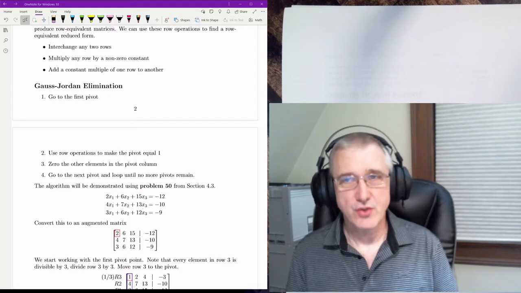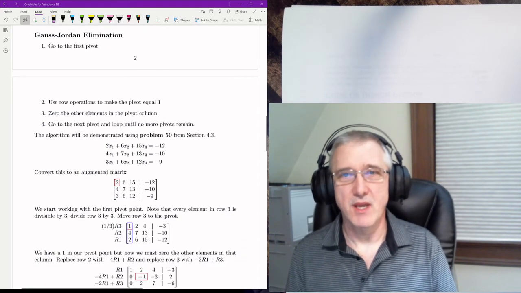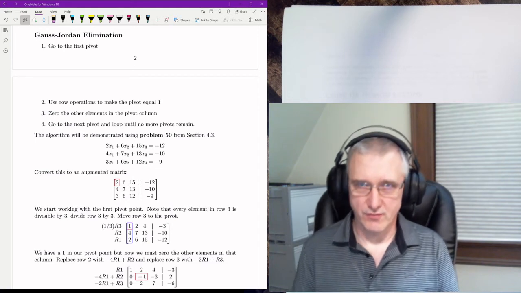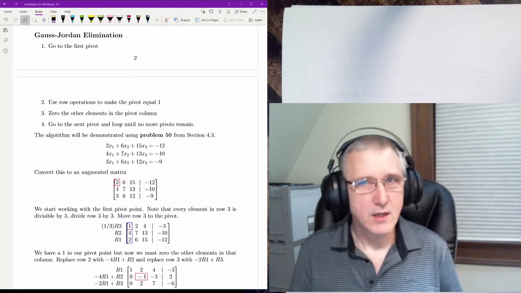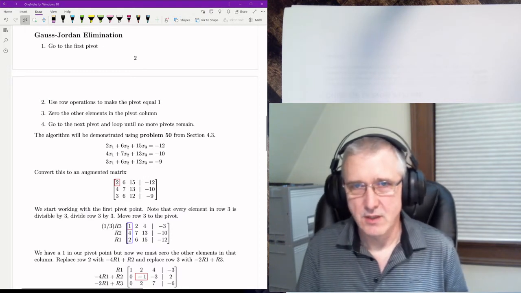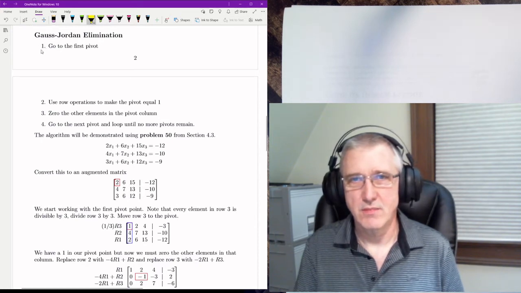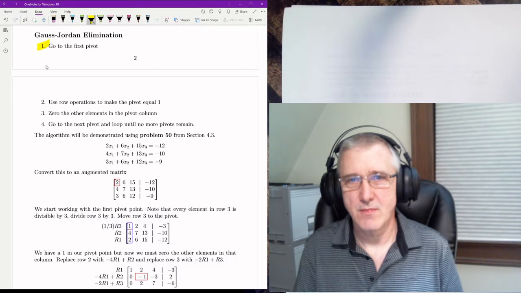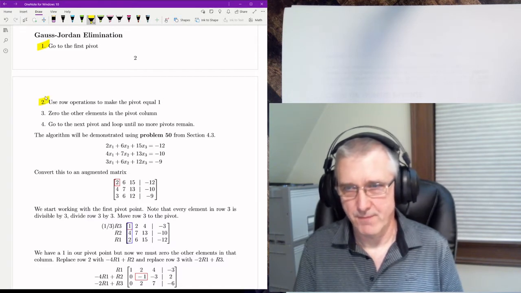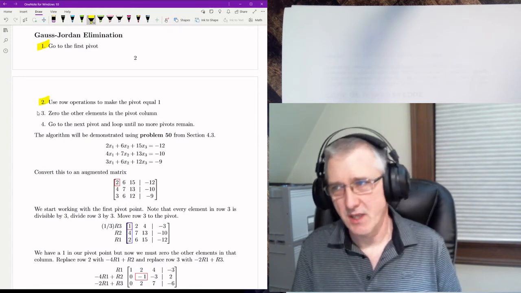Gauss-Jordan elimination is the process of getting any matrix into reduced form. We've talked a little bit about what reduced form is. Now the method itself. The first step is to go to the first pivot. Find a first pivot. Use row operations to make that pivot equal to 1, and then zero out the other elements in that same column.